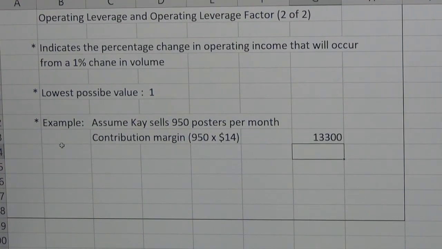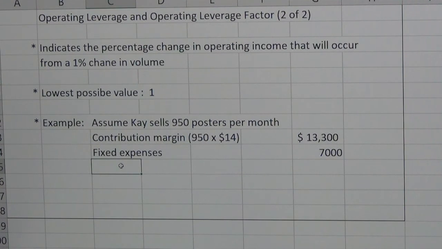And that's going to give us a total of $13,300. We're going to subtract from that fixed expenses. And so our operating income is $6,300.